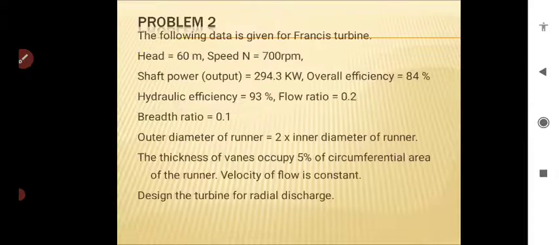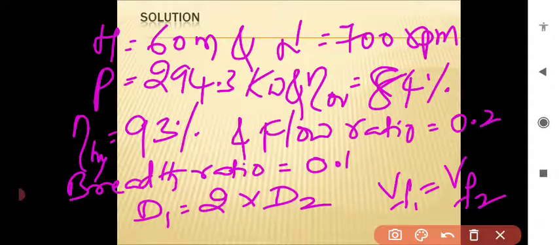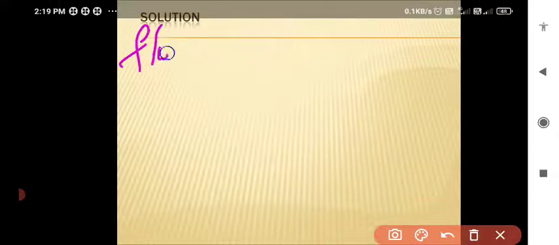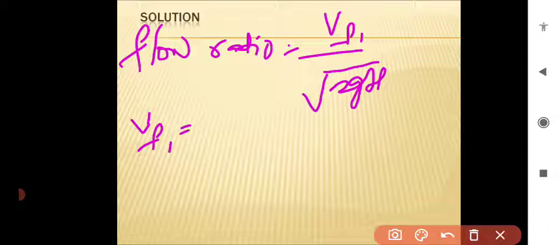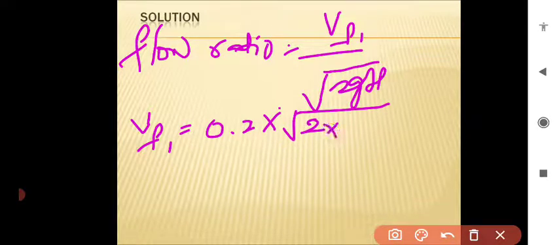Flow ratio is equal to Vf1 by under root 2gh. So from this equation, Vf1 is equal to flow ratio, given 0.2, into under root 2 into 9.81 into h, where h is equal to 60, given in the problem.